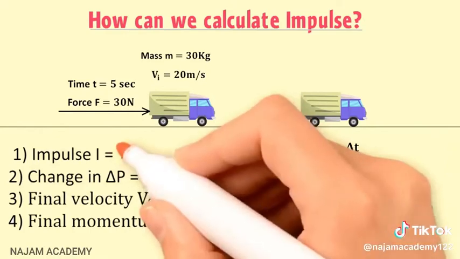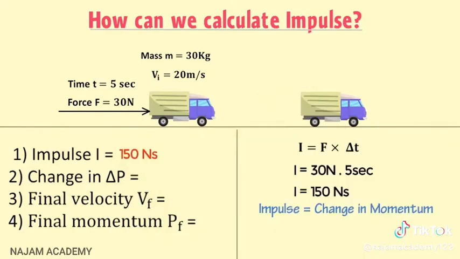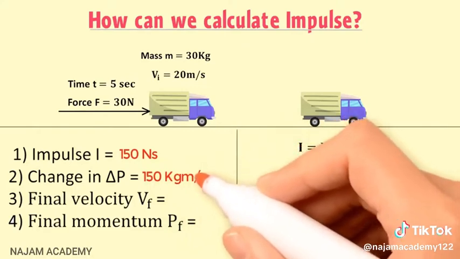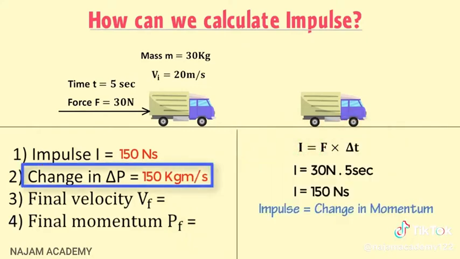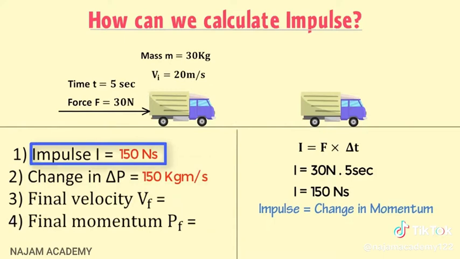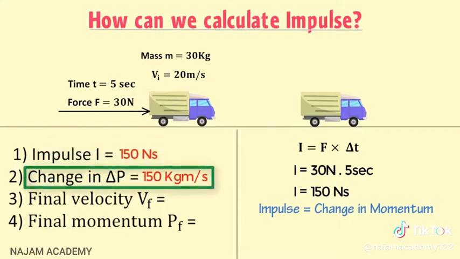The impulse on an object is 150 Newton second, while the change in momentum of the body is also 150 kg meter per second. Hence, impulse I is equal to 150 Newton second and the change in momentum is also equal to 150 kg meter per second.